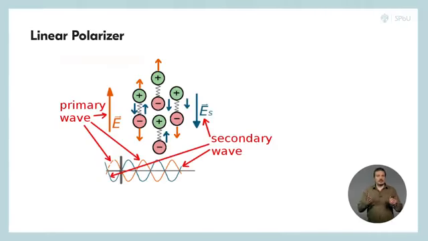When light polarized along this axis falls at the crystal, the dipoles begin to oscillate because light is an electromagnetic wave, and it can push opposite charges in opposite directions. This oscillation of charged particles produces a secondary wave, which interferes with the primary wave on the other side of the crystal and extinguishes it.